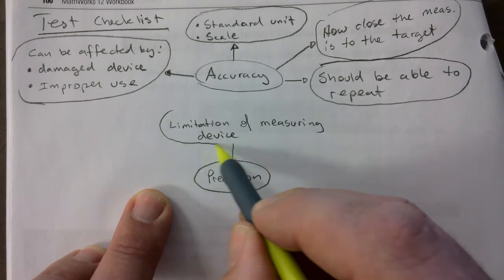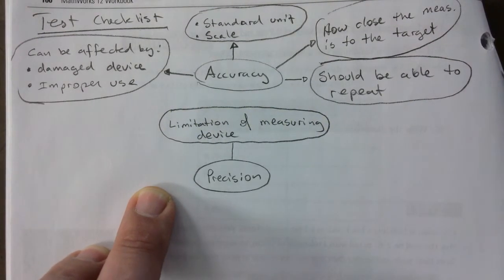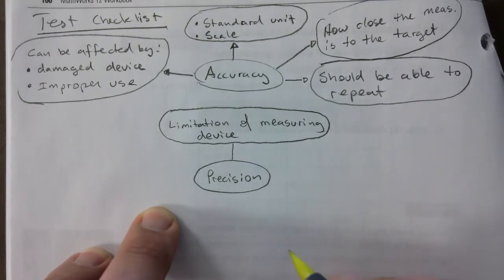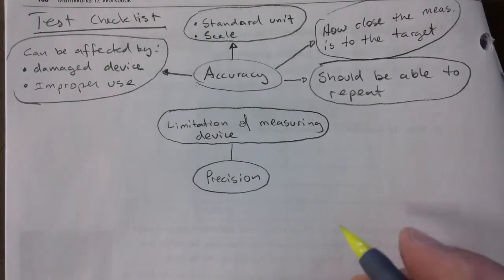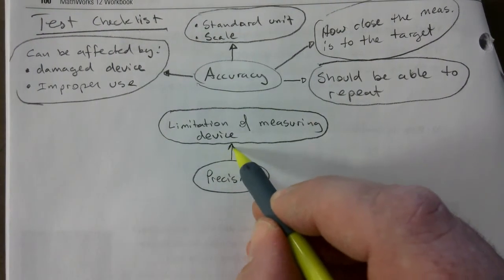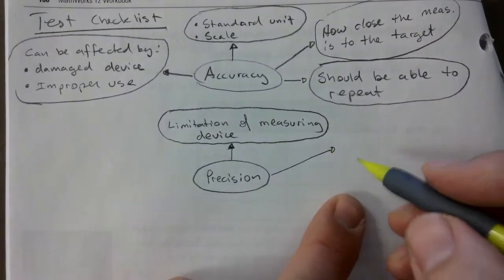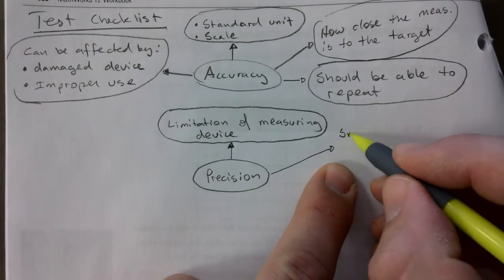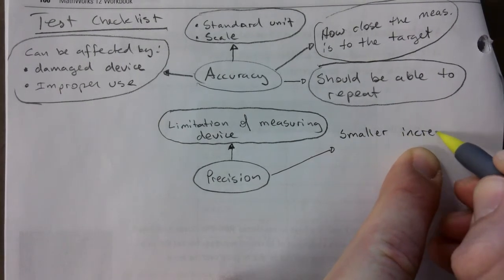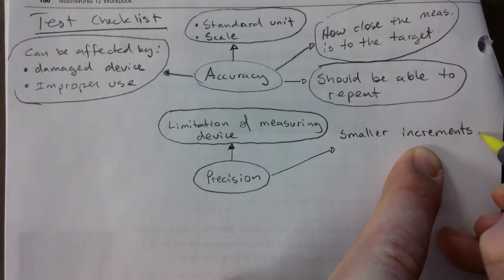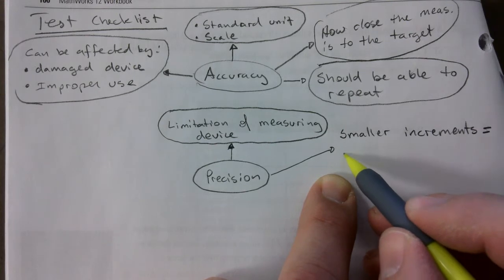Every device has some kind of limitation. At some point it rounds. It can't go any further, right? So, and obviously some are more precise than others. So arrowhead goes towards it, right? And we go over here. Smaller increments equals greater precision.